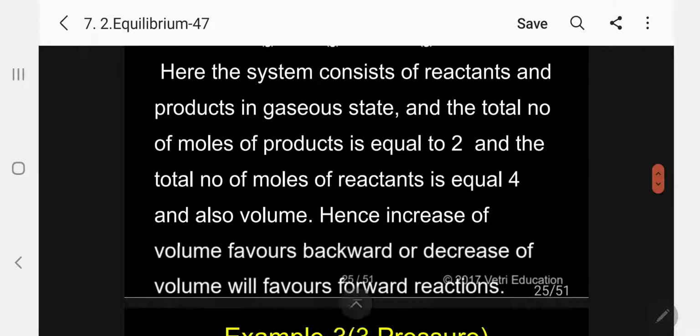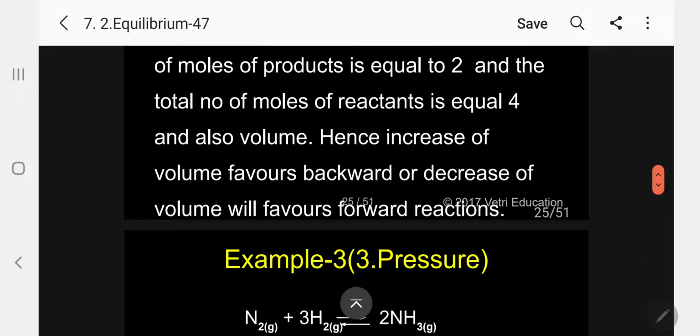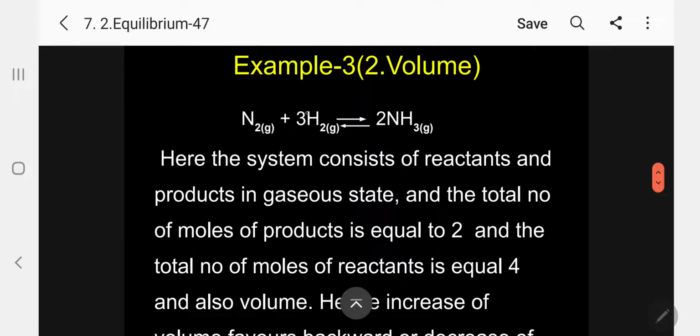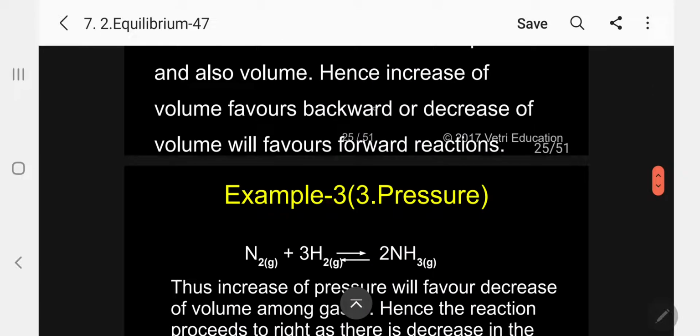Hence, kindly follow, increase of volume will favor the backward reaction. Decrease of volume will favor the forward reaction. Please follow. So, increase of volume favors backward reaction, or decrease of volume favors forward reaction.